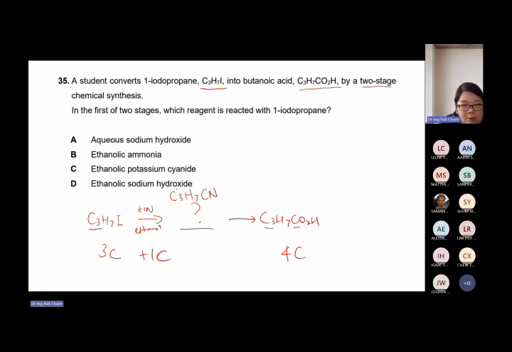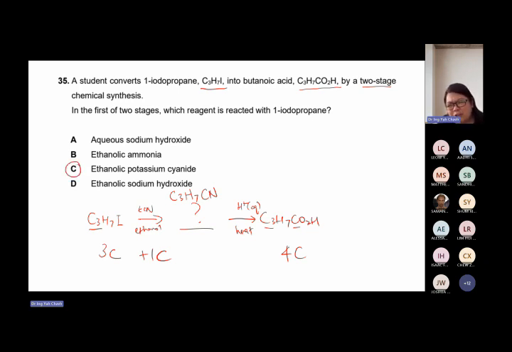C3H7CN. Now, can I convert this nitrile to butanoic acid or not? Yes, nitrile can be hydrolyzed to carboxylic acid. For hydrolysis we use acid and heat: aqueous dilute acid solution and then heat, we will get butanoic acid. So that confirms our answer is cyanide.